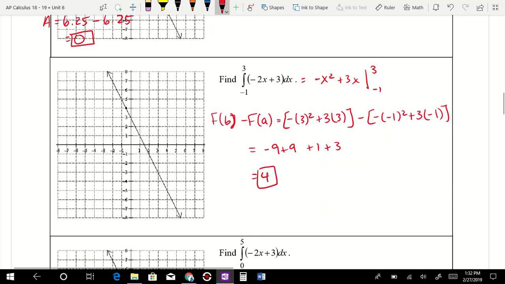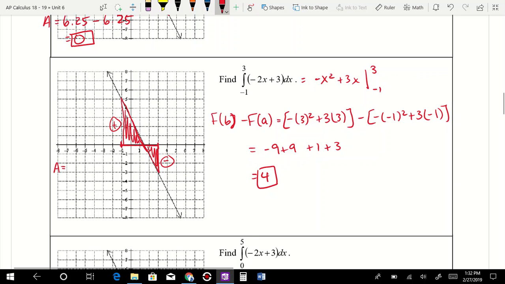So graphically, we're looking from negative 1 to 3, and we're looking at the area between the curve and the x-axis. So we're above the x-axis, and then we're below the x-axis. So this area will be positive, this area will be negative. So again, we're looking at two triangles.